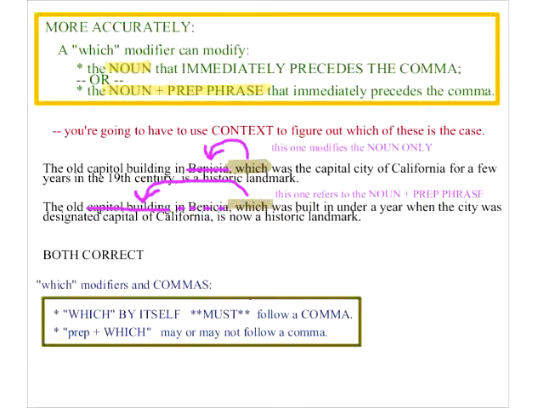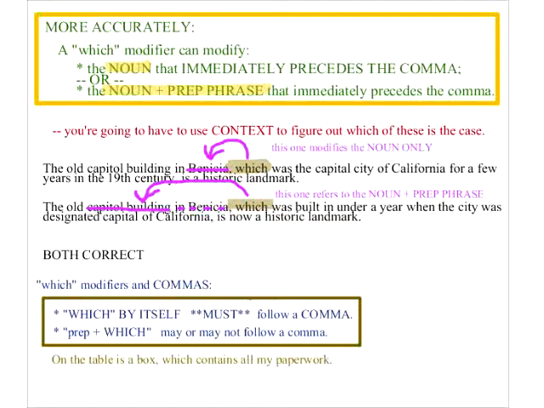This is more of an American versus British convention than anything else. So if you learned British English, you may be a little bit surprised by this. But if you say something like, on the table is a box, comma, which contains all my paperwork, this is correct.